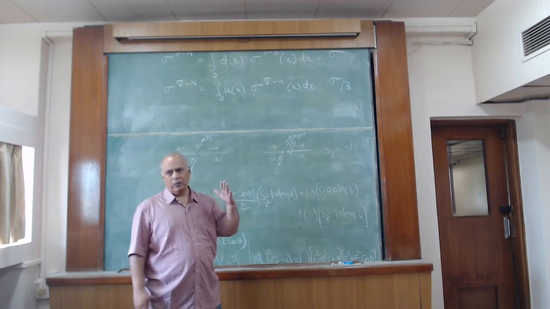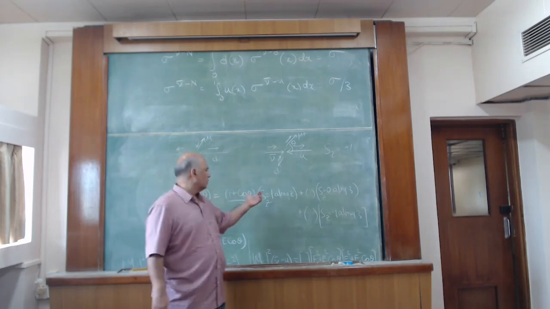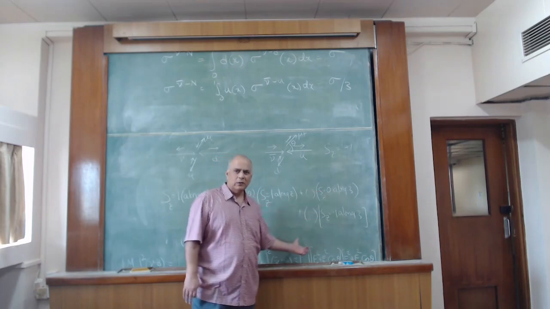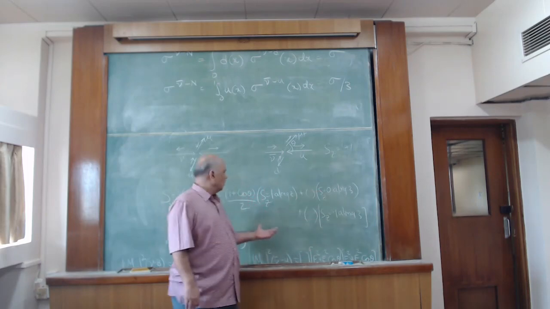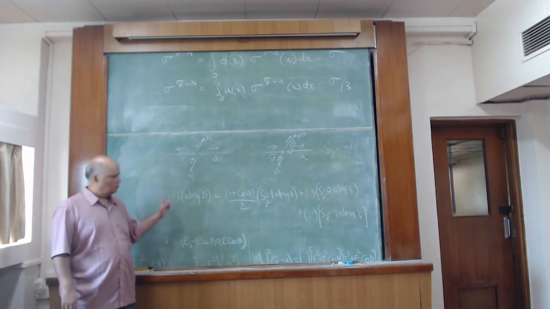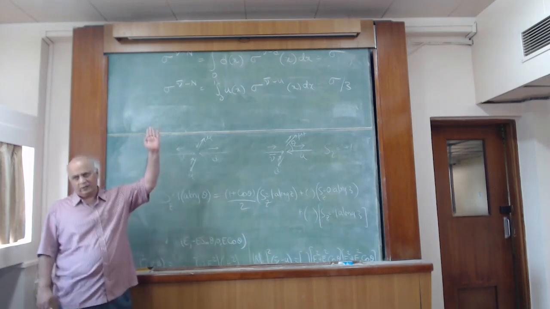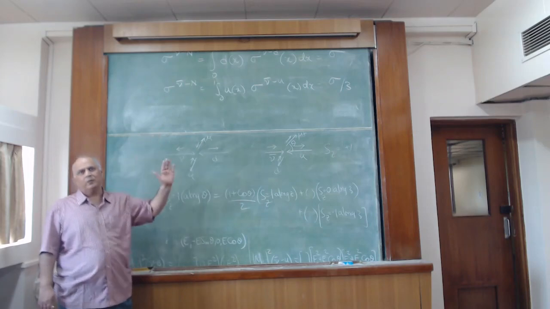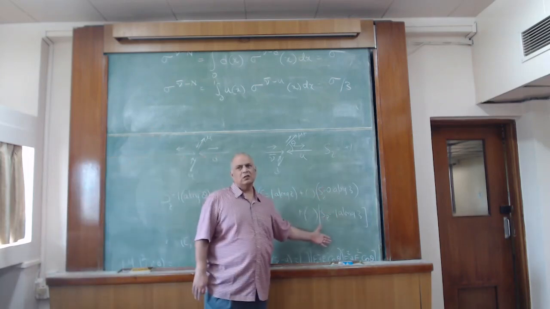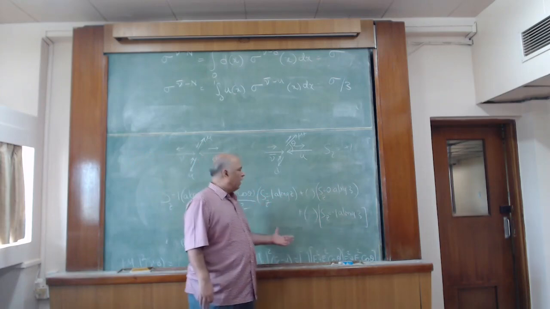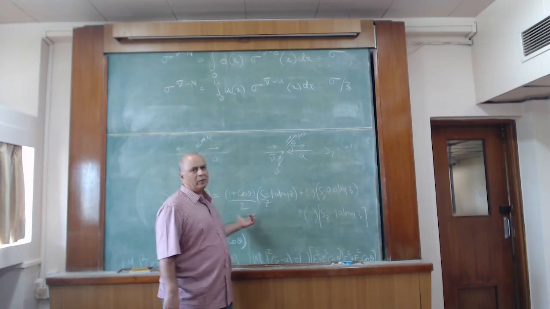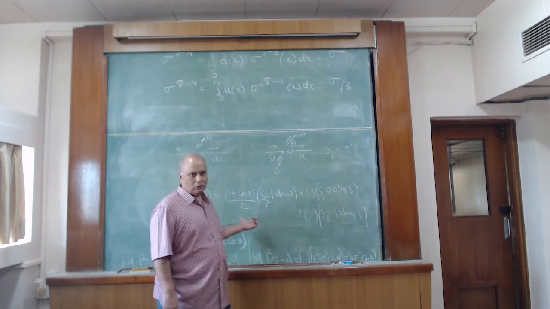For S equal to 1, there are three basis states: Sz equal to 1, Sz equal to 0, Sz equal to -1. So I take Sz equal to 1 along this theta direction, and I take projections of that along these three, and I get this coefficient to be (1 plus cos theta) by 2.